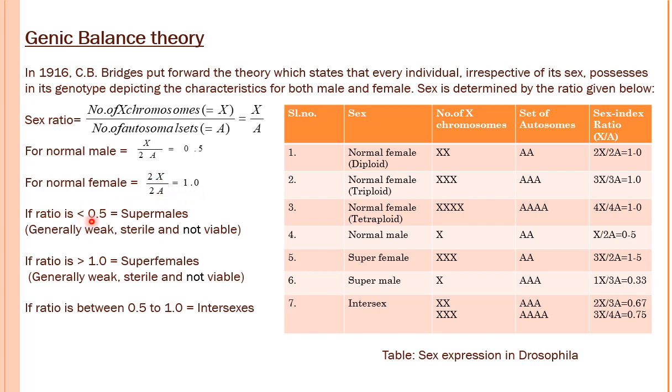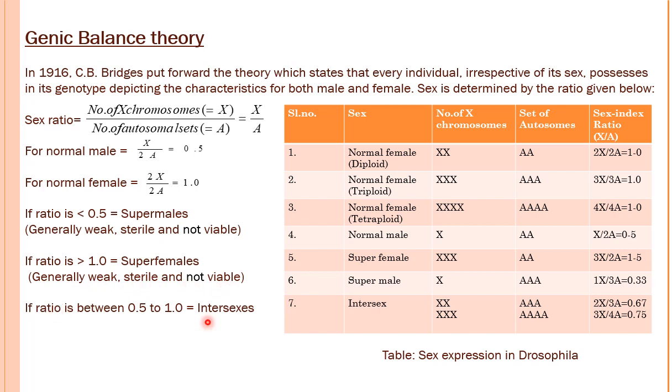If the ratio is less than 0.5, the individuals develop as super males, which are generally weak, sterile, and not viable. If the ratio is more than 1, then these individuals develop as super females, which are generally weak, sterile, and not viable.